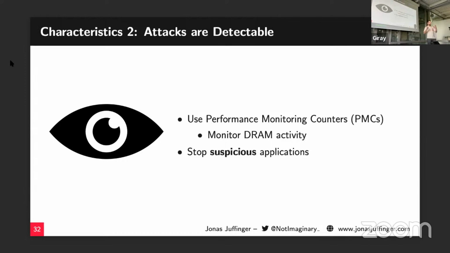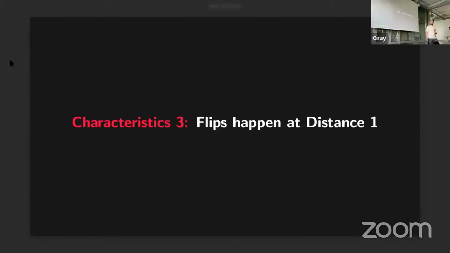If you run code inside Intel SGX, you can actually not see the performance counters because SGX hides them from the operating system. And if you have defenses like that, you just put your application into SGX and that's it. So this is what you showed in 17. So this characteristic actually is not really true, sadly.